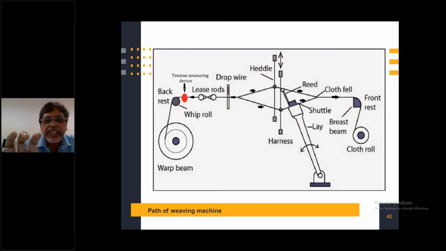So keeping this in mind, we have already done a mathematical model of the conventional machine, which is already published in a refereed journal.